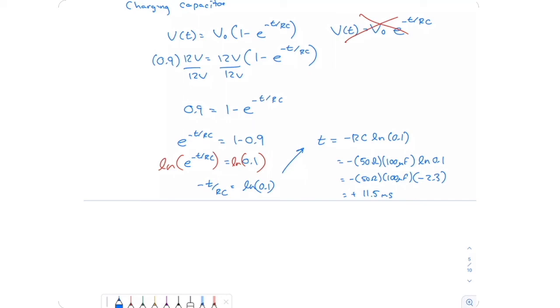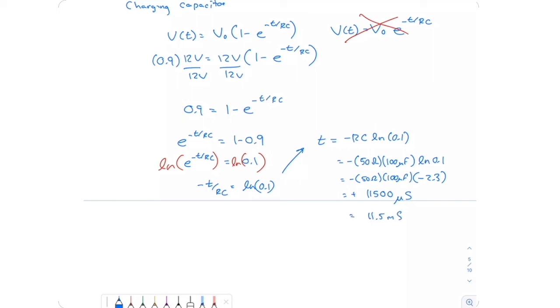Yeah, Gordon? Isn't it micro? Okay, yes, it is, and it's not. The number that I get when I work this out, 50 times 100 times 2.3: 50 times 2.3 is going to be 100 and something, times another 100 is going to be like 11,500 microseconds, which I can write as 11.5 milliseconds.